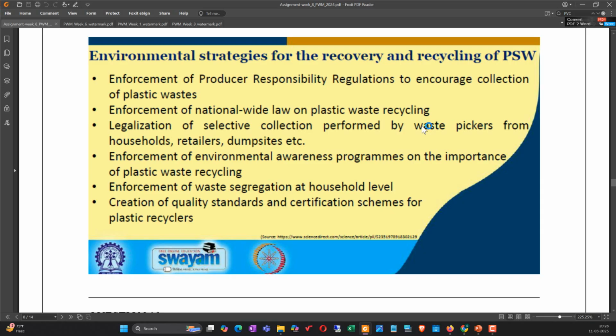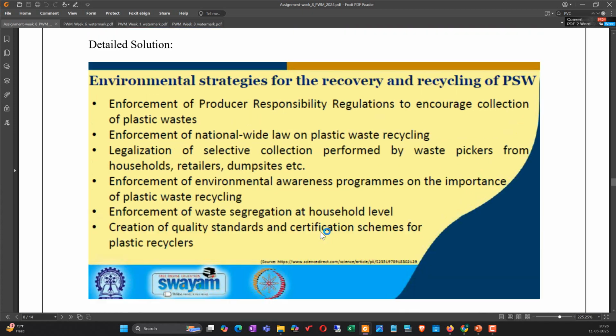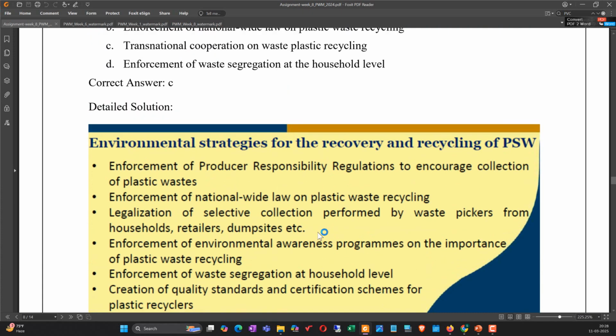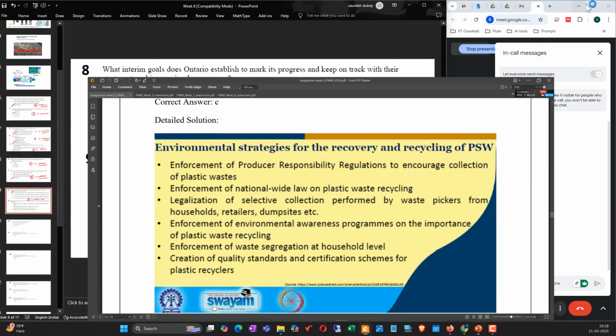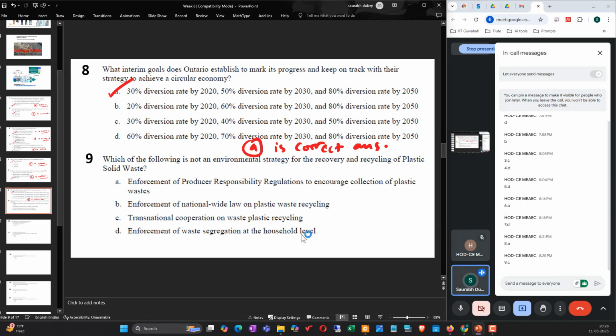So from the home only, you are actually dividing the sections for plastic waste, then organic waste, and in the plastics also, you can divide the plastics based on the code, right? So creation of the quality standards and certification schemes for plastic recyclers, right? So then that will be a kind of reward and motivation for them to actually go for this.